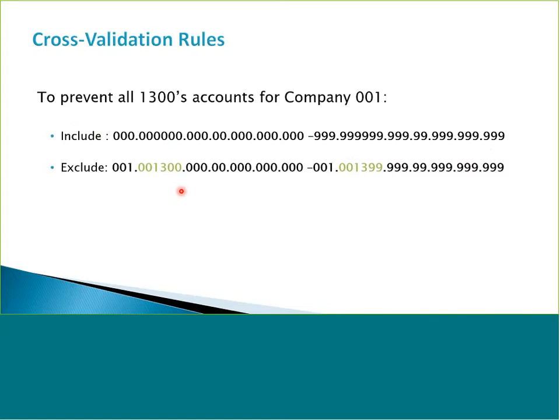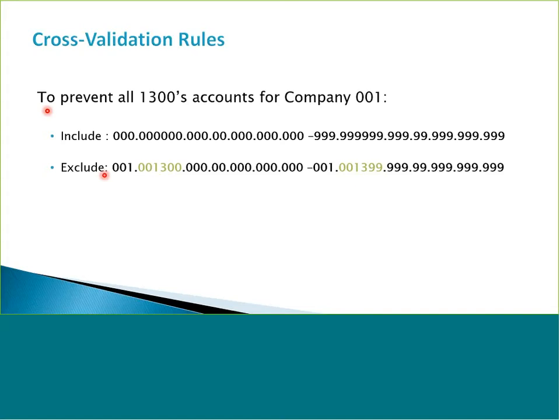So how you can look at it is this range of accounts, which is all the range of accounts, minus this range of accounts, which is the ones we don't want to enter, equals the valid accounts that we want users to be able to use. So this is all the accounts that are possible, and this is the range that defines all the accounts that we don't want to be used. So what remains is the range of account combinations that we want users to be able to use.